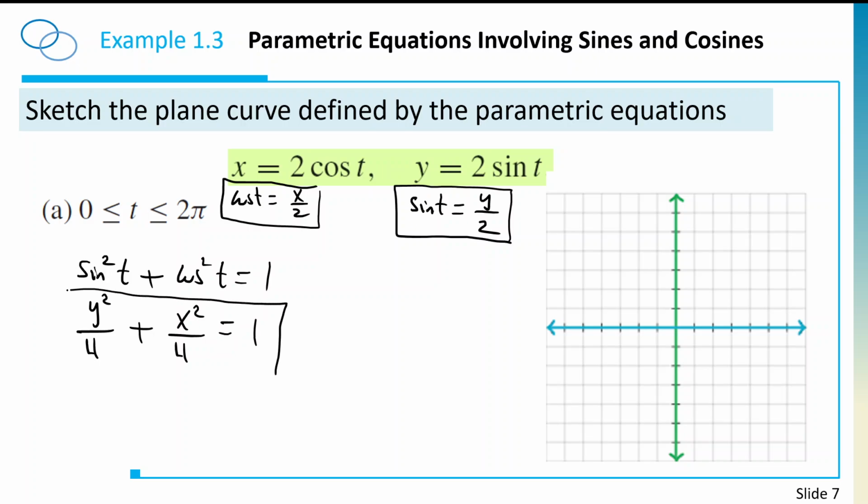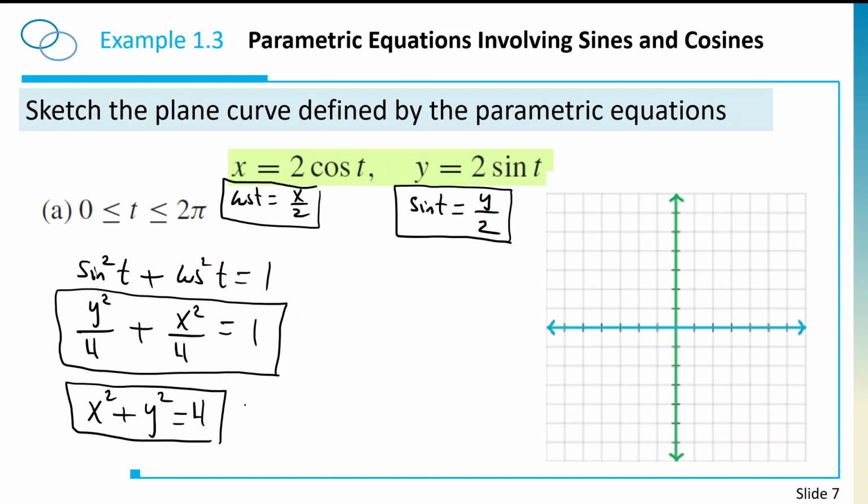Now this should be one of the famous equations that you should know. I could rewrite it this way: if you multiply the whole equation by 4, this is x squared plus y squared equals 4. And this is the equation of a circle.